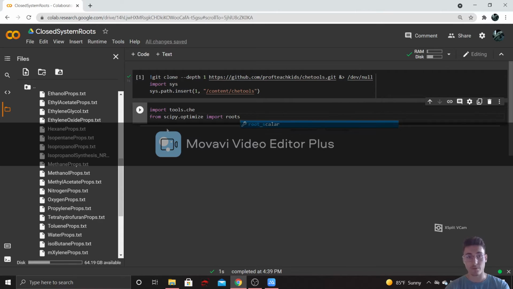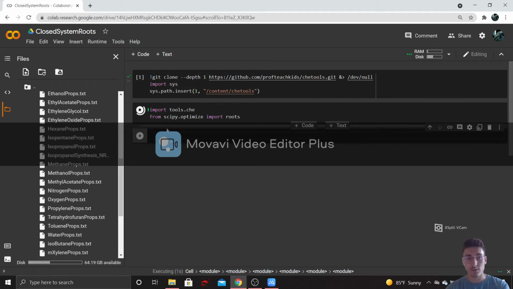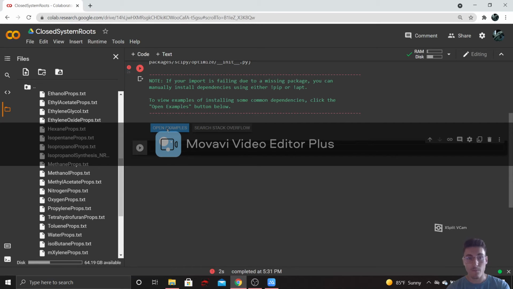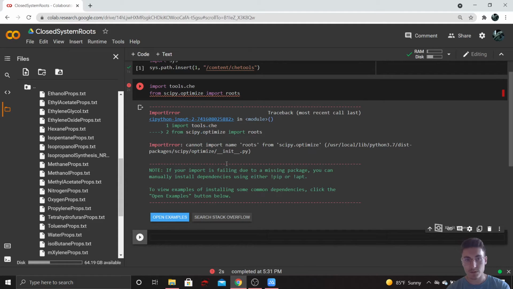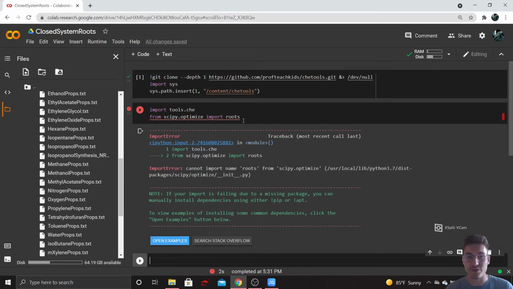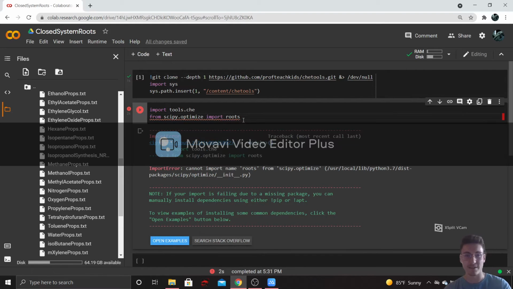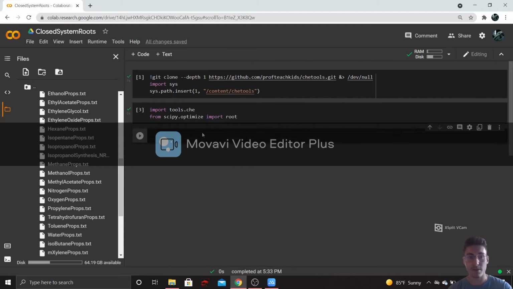Then if we do that, can I import any roots? Okay, so I did figure it out. From the optimize library, it's root, not roots. So we can go ahead and redo that.